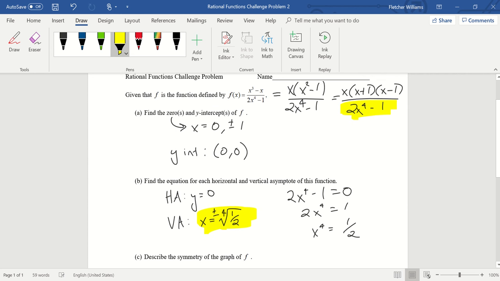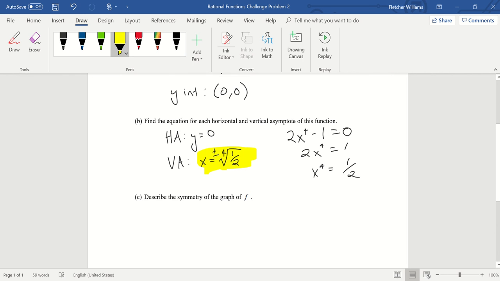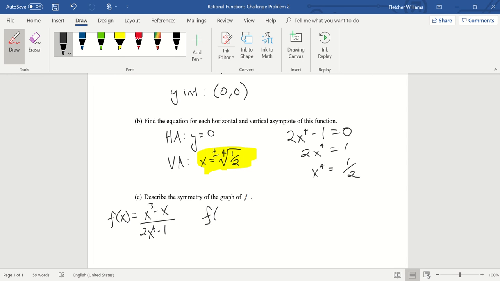So for the symmetry part, if our function f of x is x cubed minus x over 2x to the fourth minus 1, we try f of negative x, which would be negative x cubed minus negative x over 2 times negative x to the fourth minus 1.